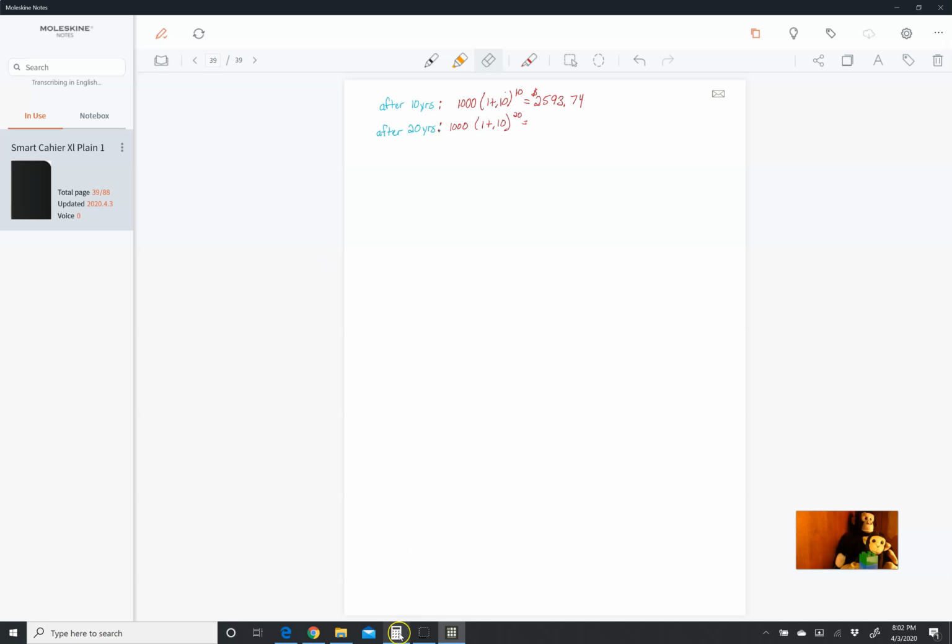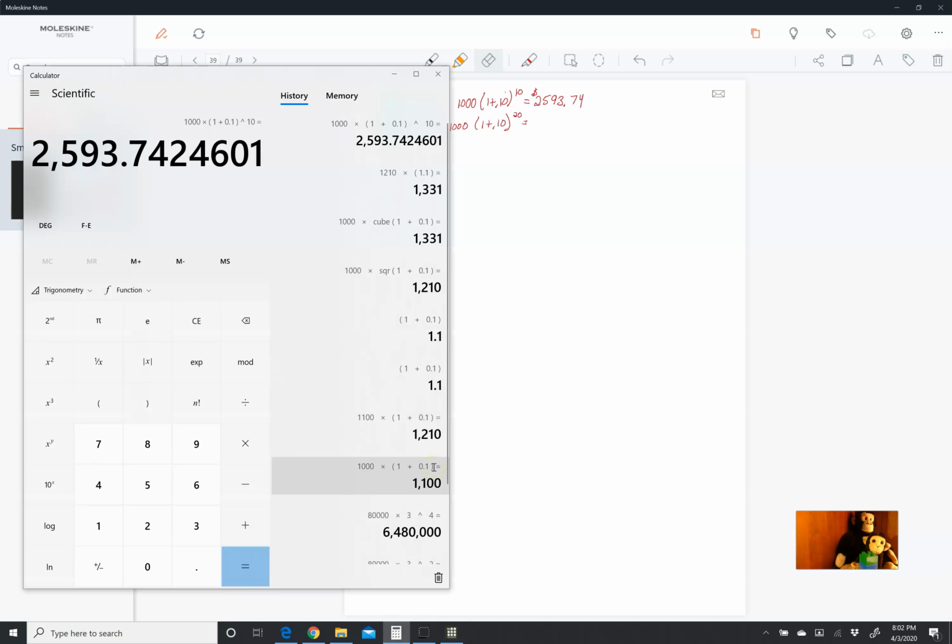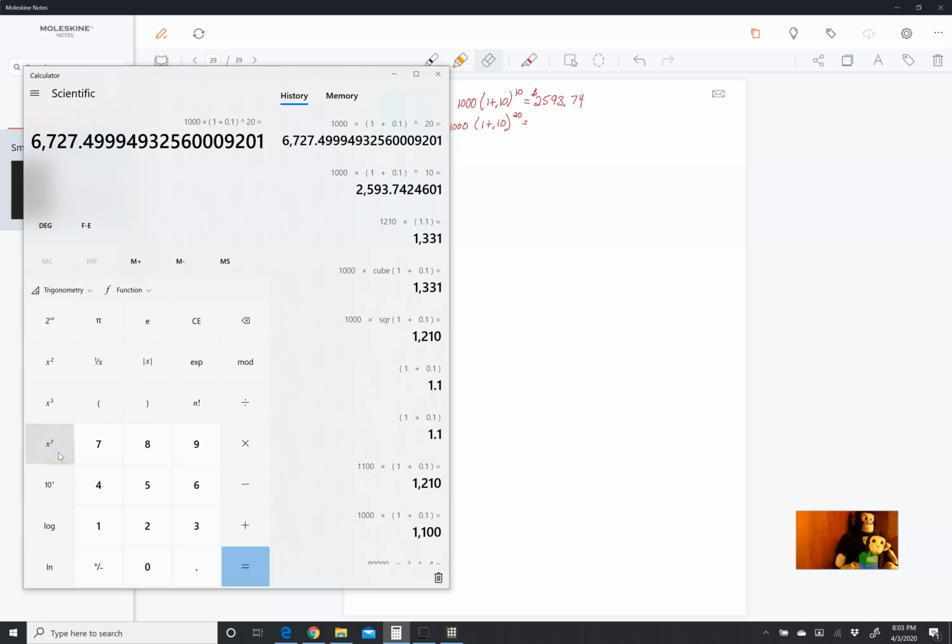And if we do that, we're going to use this x to the y again. We get $6,727.50. So we're rounding to the nearest hundredth.